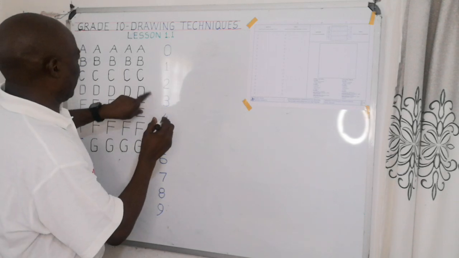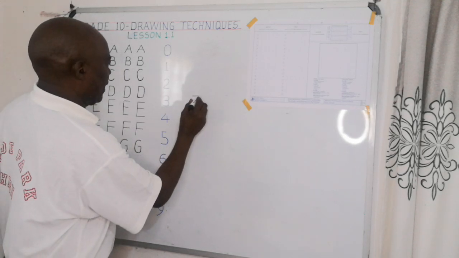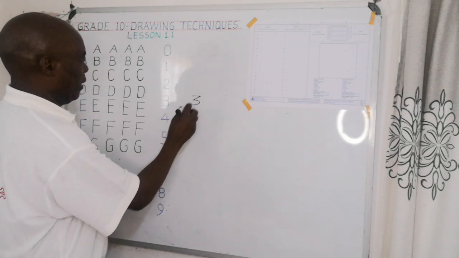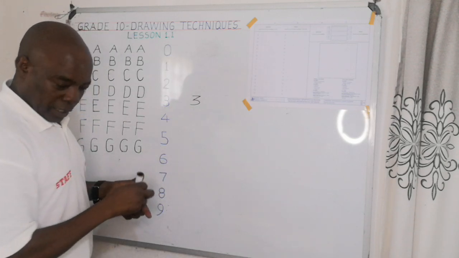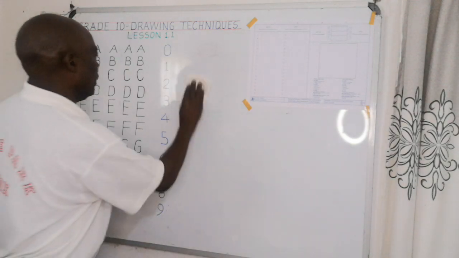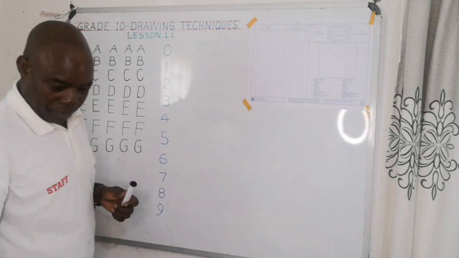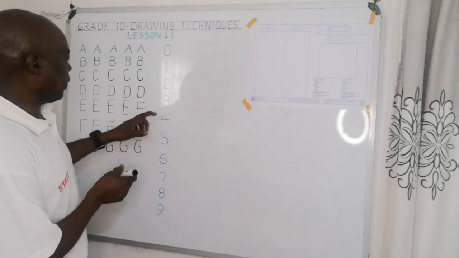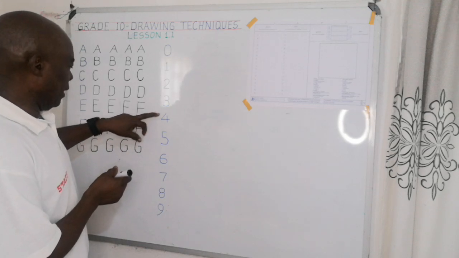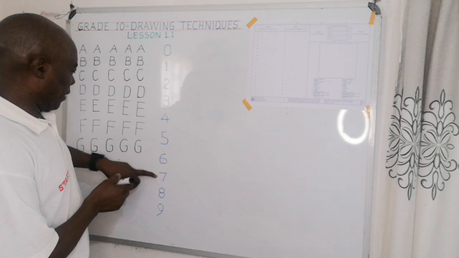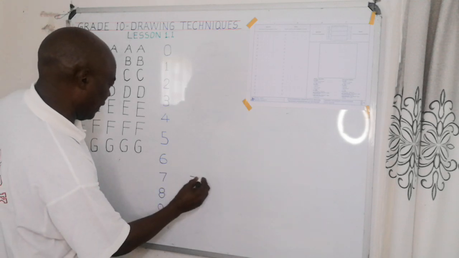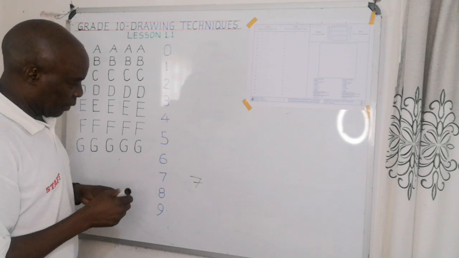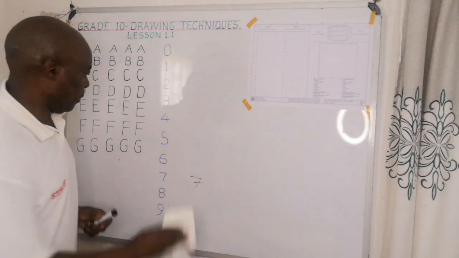Sometimes I've seen some people writing a 3 like that with a straight line at the top there. That's not acceptable. It must have 2 semicircles, something like that. And then a 4 as well is just written like that. 5, 6. Sometimes others write the 7 like this with a stroke in the middle. That's not acceptable as well.